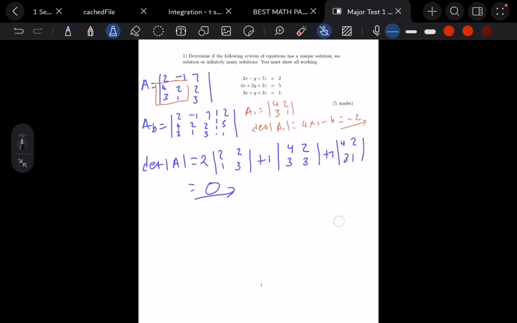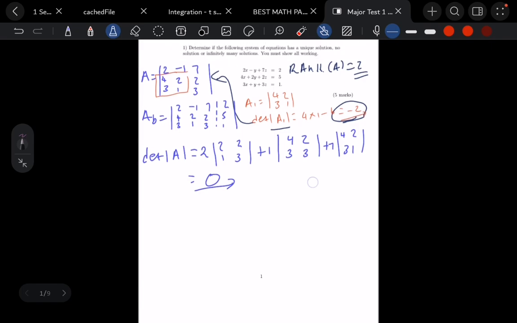This determinant of A1 is found on A, which means the rank of A is 2, because we got the determinant of a 2 by 2 matrix. So that's why we said the rank is 2.